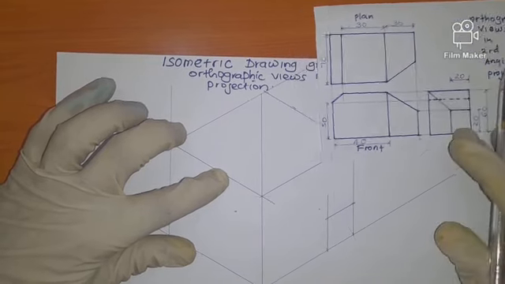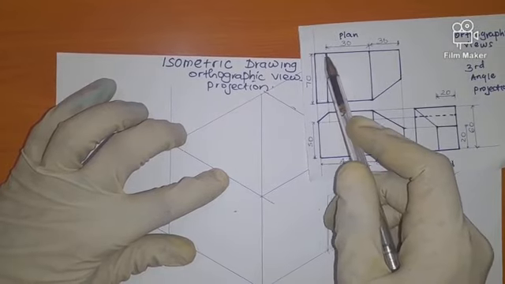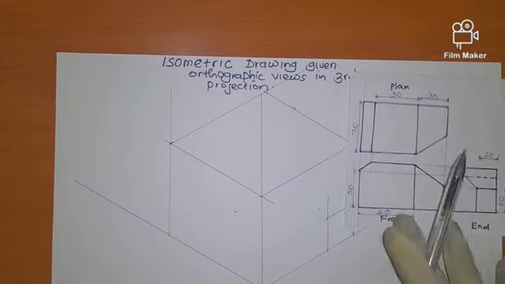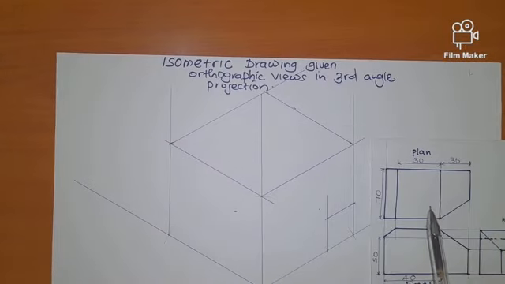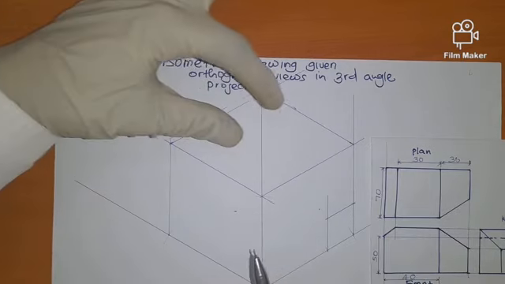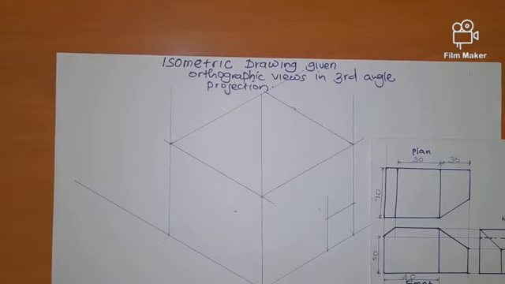So what we are going to do is, first of all, to establish this point from here up to here, then from here up to here, and from here up to here. On your front elevation, in your plan elevation, you can now transfer all that you have here on top of your solid figure. So first, let's measure 10.